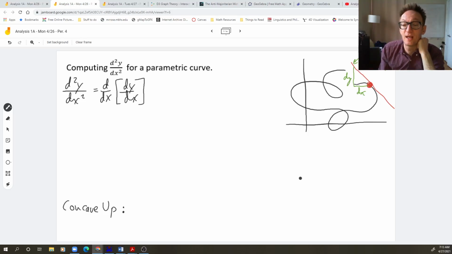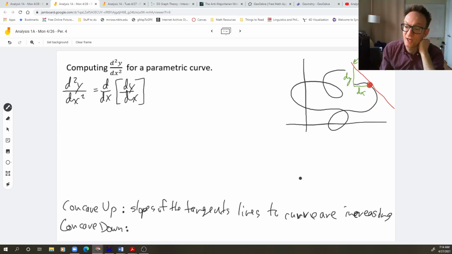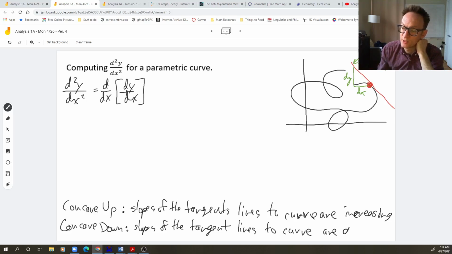I'll say that an arbitrary curve, which is not necessarily a function, will be concave up when the slopes of the tangent lines to the curve are increasing, and concave down when the slopes of the tangent lines to the curve are decreasing.